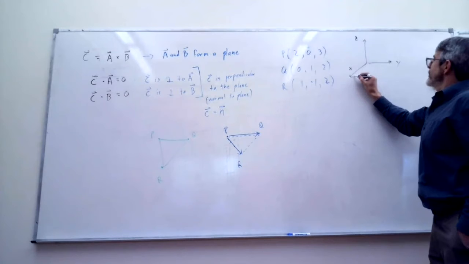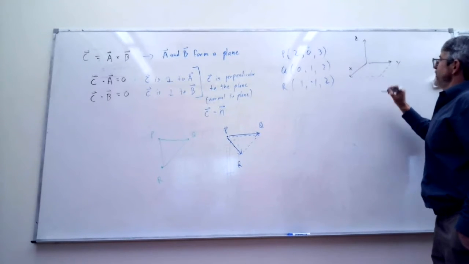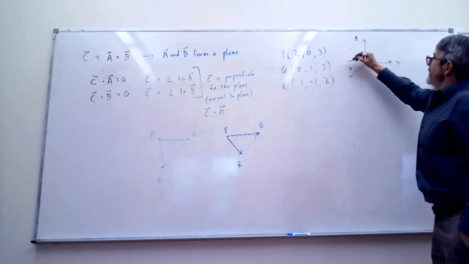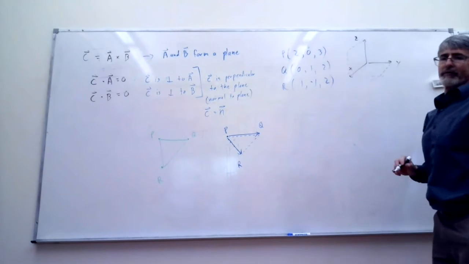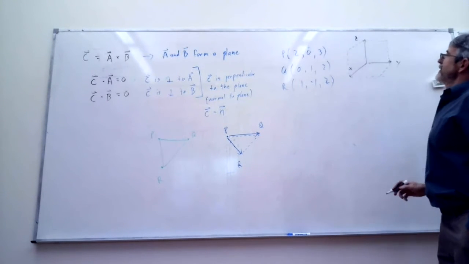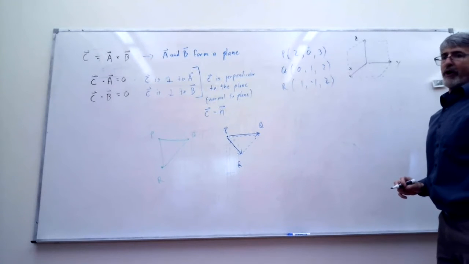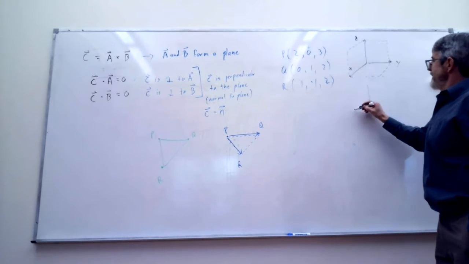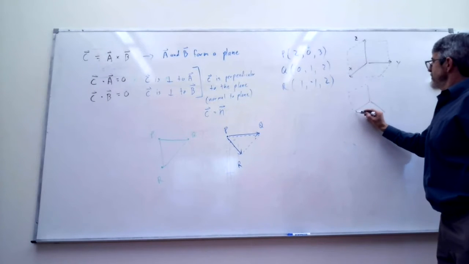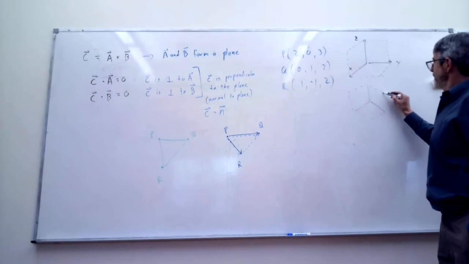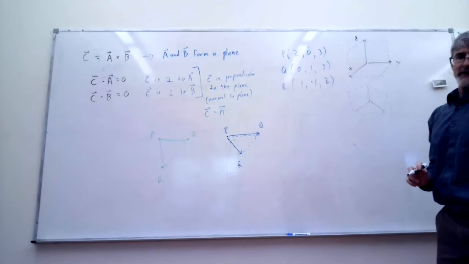There's an xy plane that would be like the floor. There's an xz plane, which is kind of the wall to the left, and the yz plane, which is the front wall of the room. And if you tilt everything, then you have the floor, the left wall, and the right wall, depending on how you're looking at the corner.